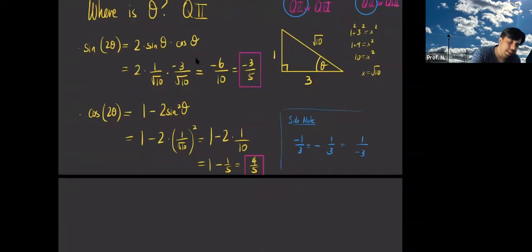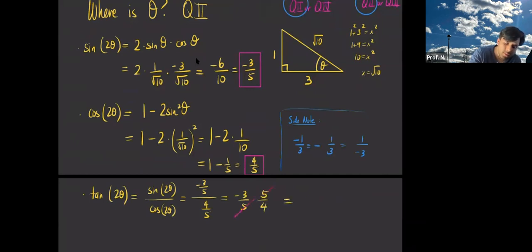Okay, and then once we have that, tangent, what's tangent? Tangent is just sine of twice the angle over cosine of twice the angle. Sine of twice the angle is negative 3/5. Cosine of twice the angle is 4/5. You keep, you change, you flip. 5's cancel.